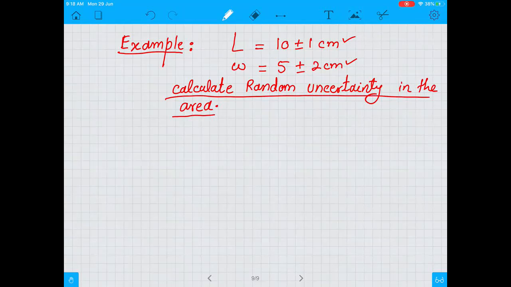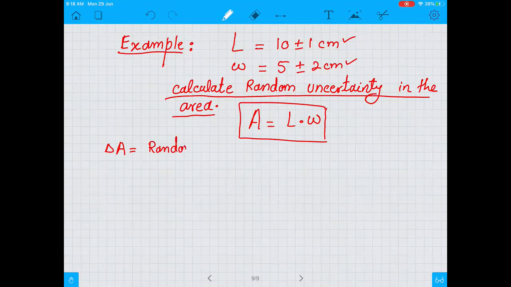Now you see, area is equal to length into width. To calculate random uncertainty in the area, we will represent random uncertainty by delta A. Delta A is random uncertainty in area.